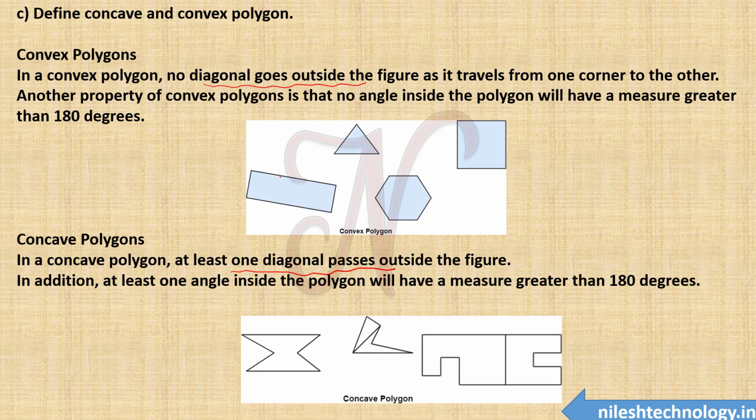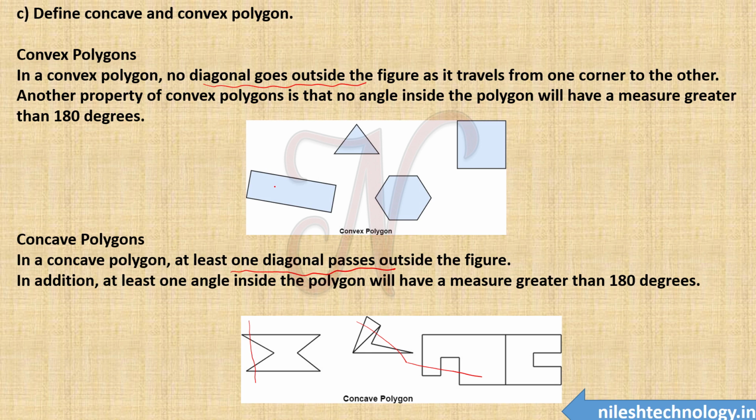Then these are some examples here, concave polygon. If you pass this line, here it intersects the polygon 2 times. That's why this is concave. See here, like this way, here and here. Again, this way 2 times.